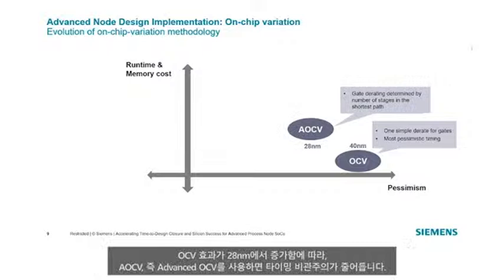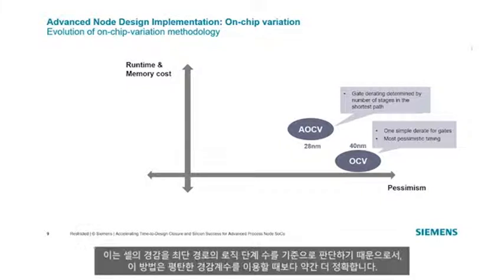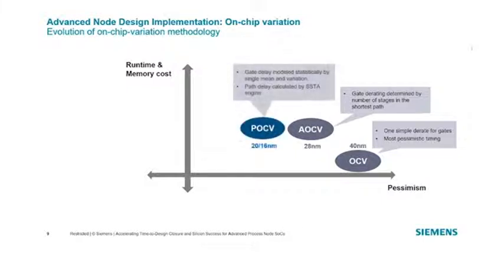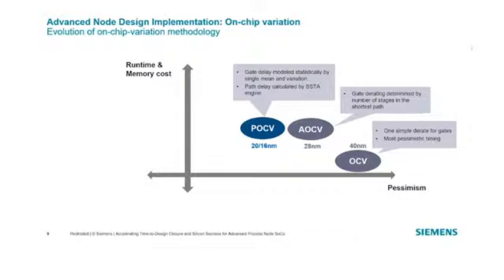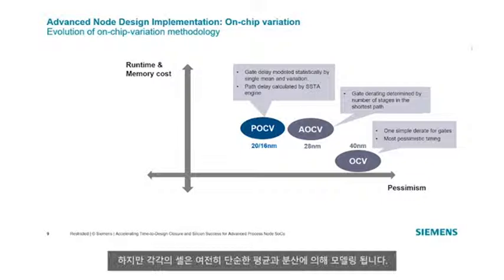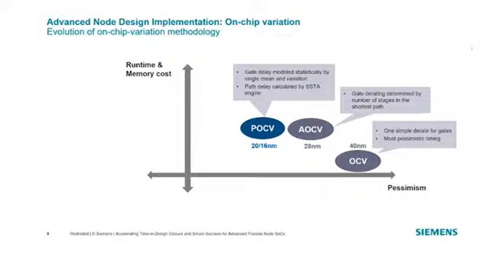As OCV effects increase in 28nm, using AOCV, or advanced OCV, reduces the timing pessimism by determining the cell's derate based on the number of logic stages in the shortest path, which is slightly more accurate than using a flat derate. POCV, or parametric OCV, increases the accuracy of OCV modeling by introducing a statistical mean and variance to model the variation of a cell. However, each cell is still modeled by a simple mean and variation.